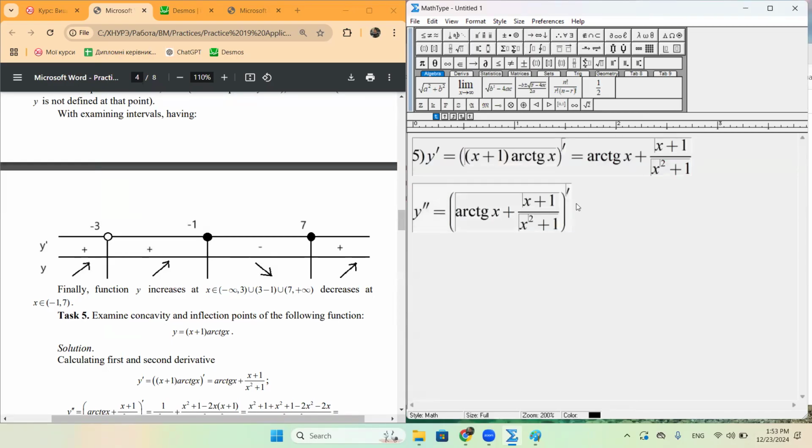Differentiating again. So the derivative of arctangent is the following, plus the derivative of this fraction. So x square plus 1 multiplied by the derivative of this function, minus 2x multiplied by x plus 1.